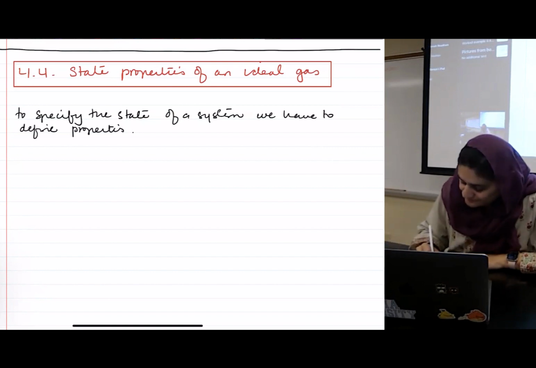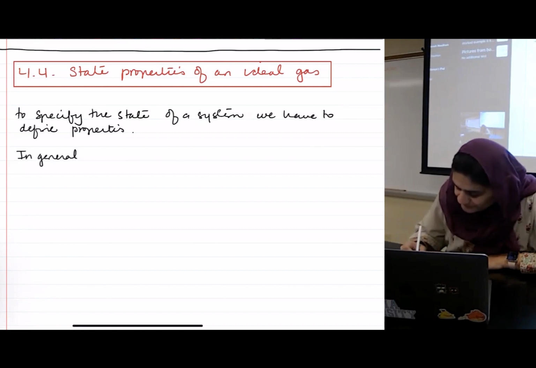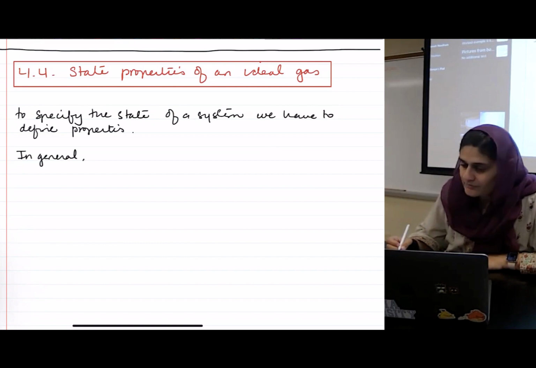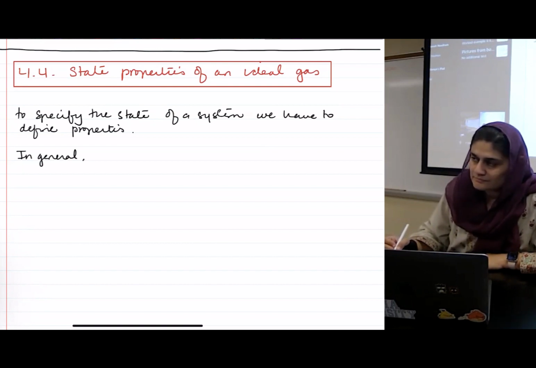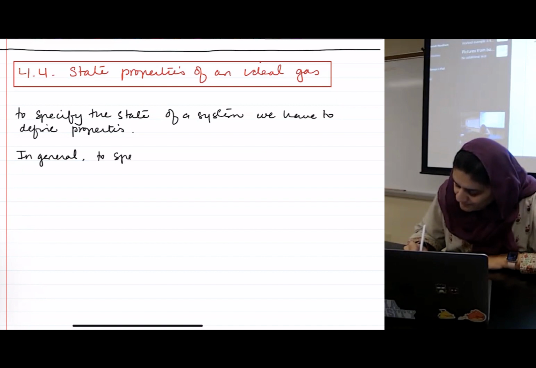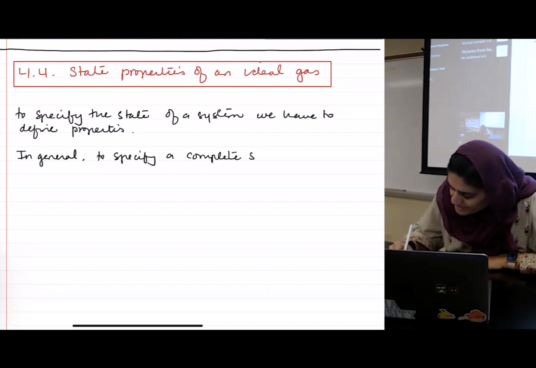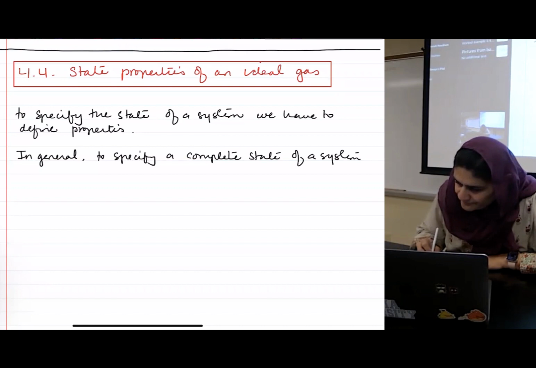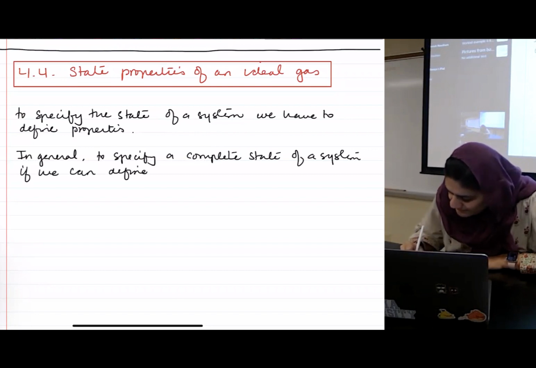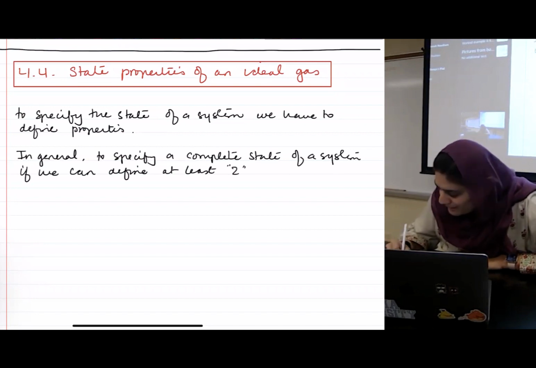In general, to specify a complete state of a system, if we can define at least two properties.